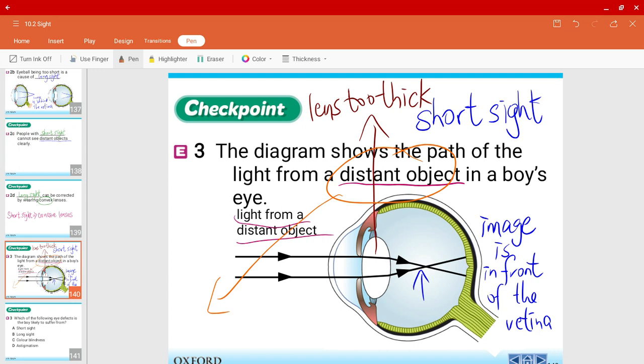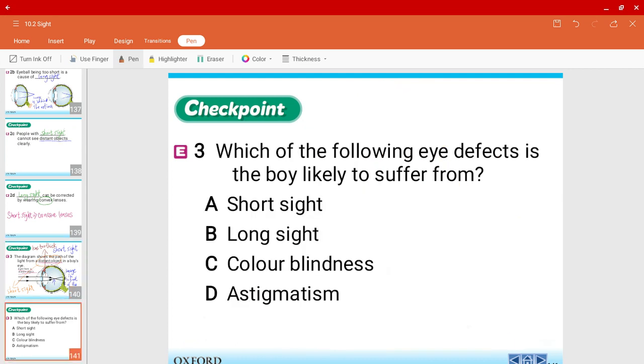People with what type of eye defect will have trouble seeing a distant object? That is, of course, people with short-sightedness, or short sight. So over here, I can see that there are three hints leading to me knowing that the boy suffers from short sight. So the answer is A.